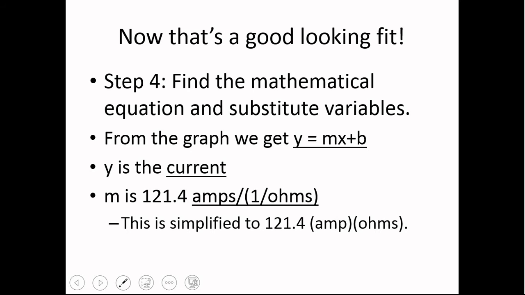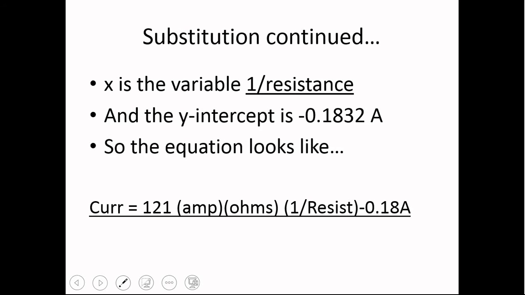Again, I showed that in the previous one how to simplify a complex fraction. Okay, but again, you always want to simplify units when possible. Makes everything easier. So x is 1 over resistance, and the y-intercept is 0.1832 amps. So the equation looks as shown here.